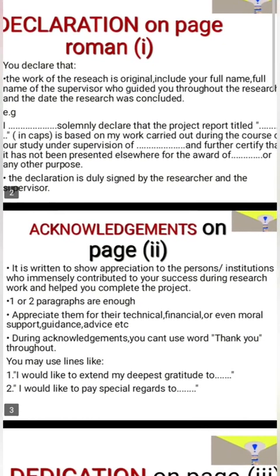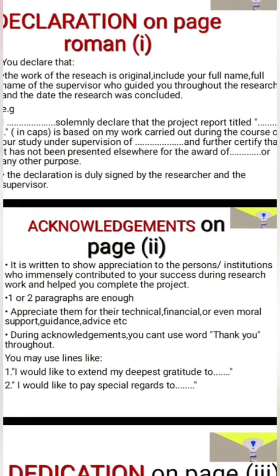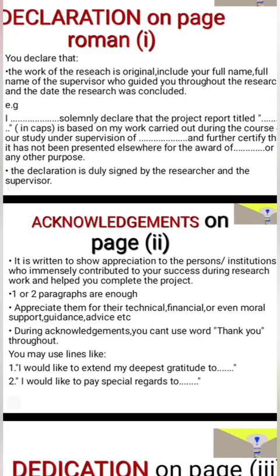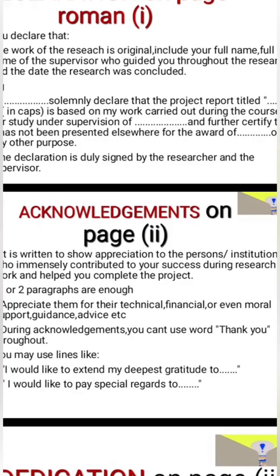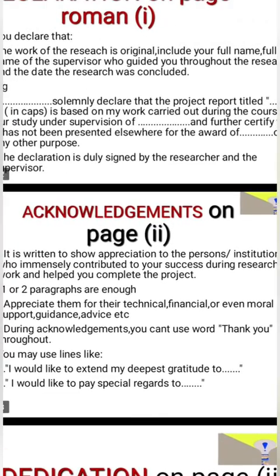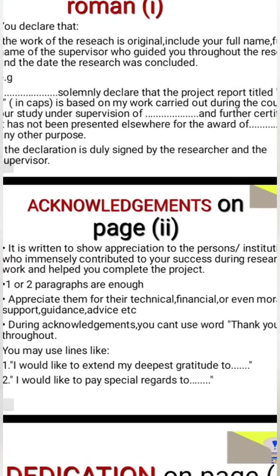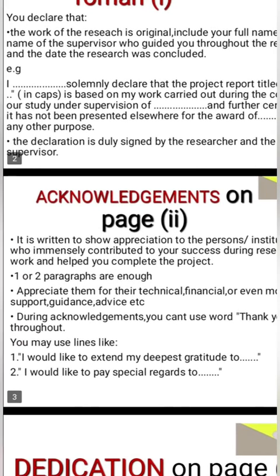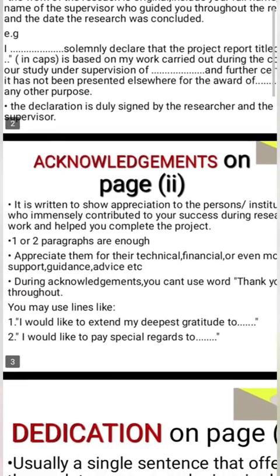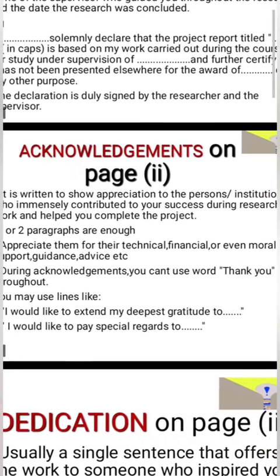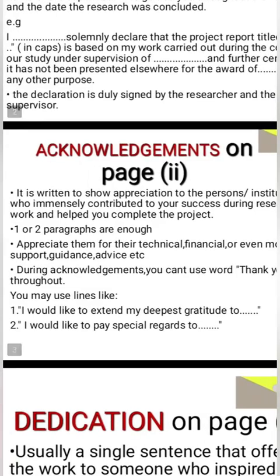It's actually written to show appreciation to the persons or institutions who immensely contributed to your success during the research work. Those people who assisted you, maybe technically, financially, they gave you support, pieces of advice, guidance, all that assistance that they gave, you have to acknowledge, and you can use different ways of acknowledging.